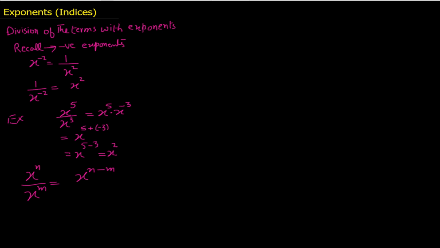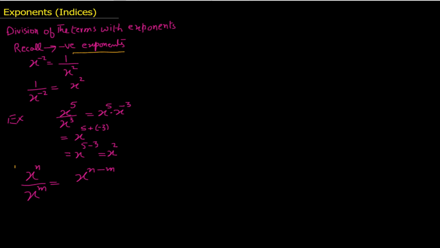And this is how we prove this, that actually if we bring this exponent to the numerator, the sign will change, as we have already discussed in negative exponents. That negative exponents can be converted to positive exponents by bringing from numerator to denominator or denominator to numerator.